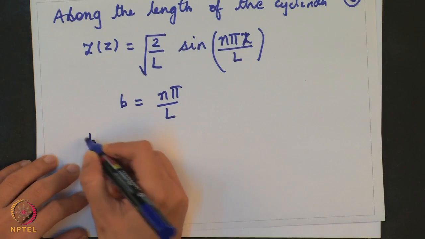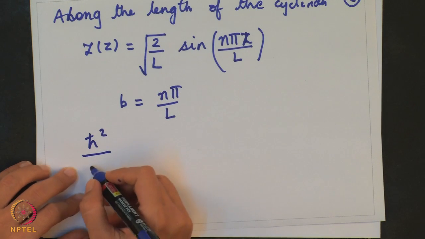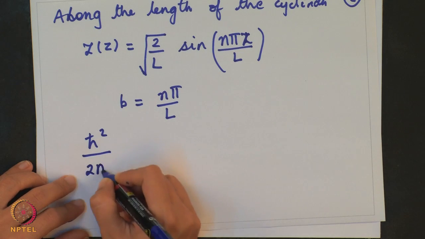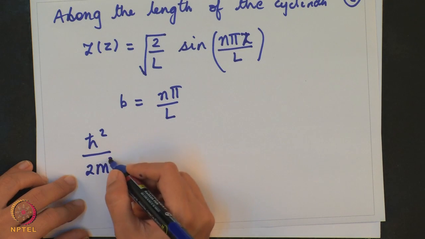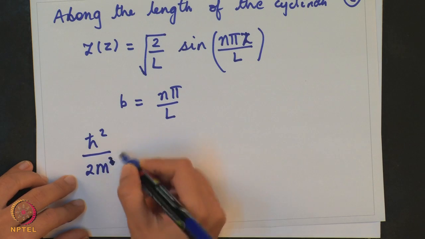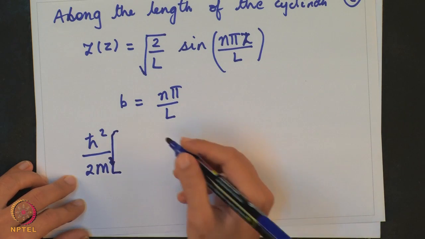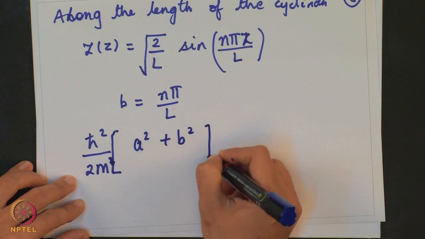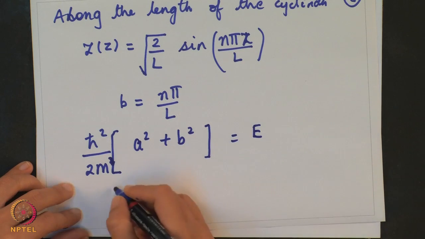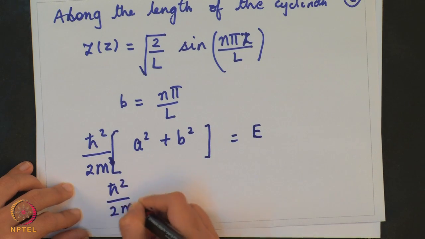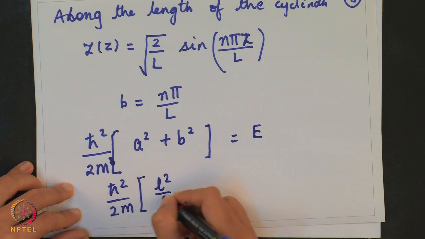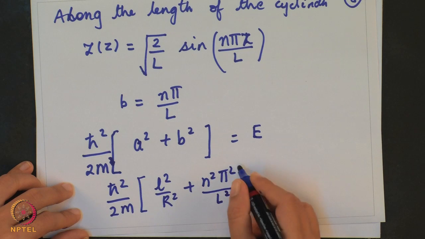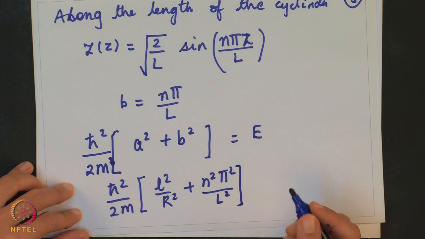So, now this final expression for the energy eigenvalue is ħ² upon 2m times (A² + B²), which we saw will be nothing but ħ²/2m times (L²/R² + n²π²/L²).